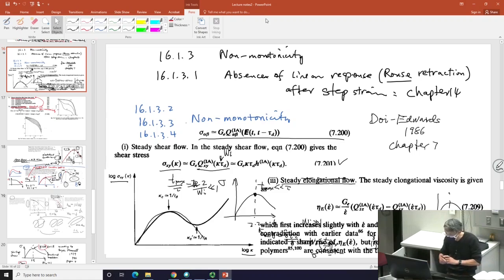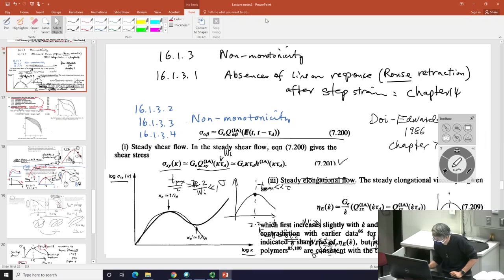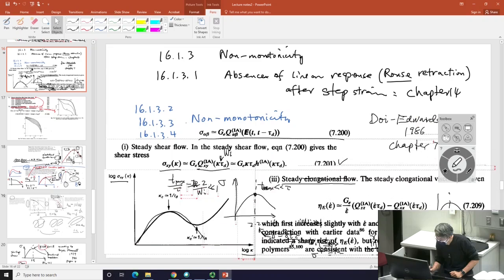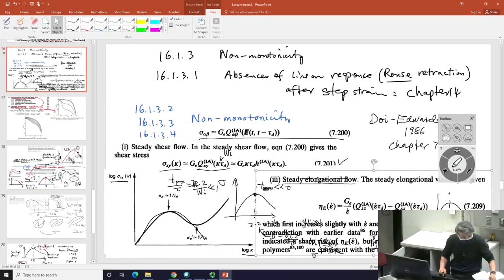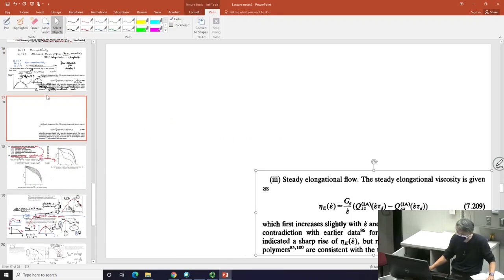This is the pen from the smart board, which is this the eraser? I guess so. I hope so. Let me do this since we are out here. Let's go to the next page and paste this in, so I can highlight this point.